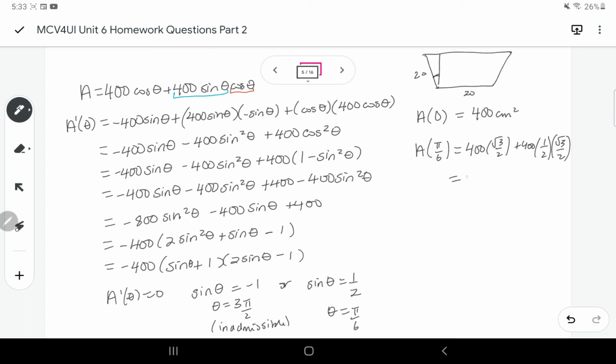So this ends up being about 519.6 centimeters squared.